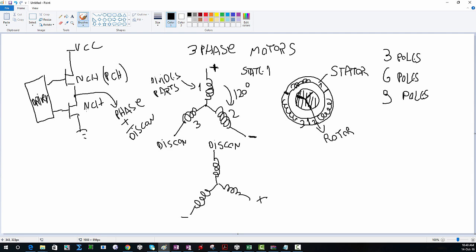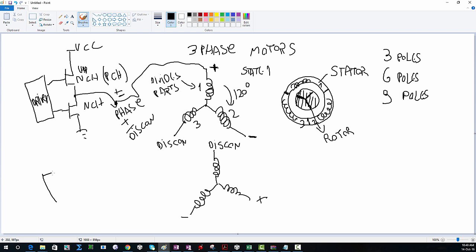So we have 3 ways to do it. Either this upper transistor is conducting, so we will have here plus, and this is not conducting. Or this is conducting and this is disconnected, so we will have minus. Or they are both disconnected, so we have nothing in this part, and this one is going to the coil, and we have 3 of these, so we will have 3 identical drivers.